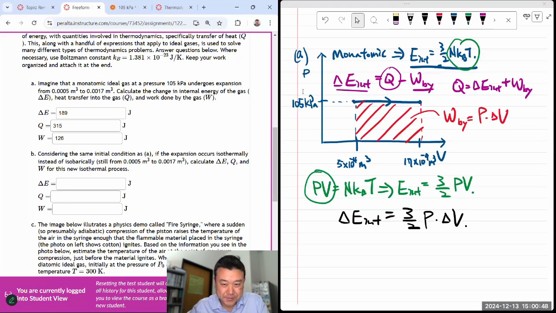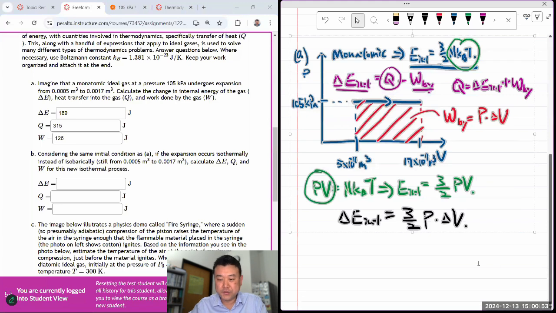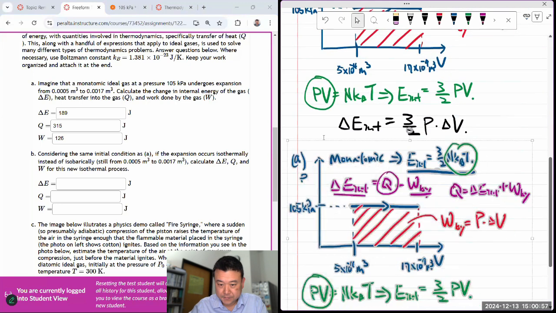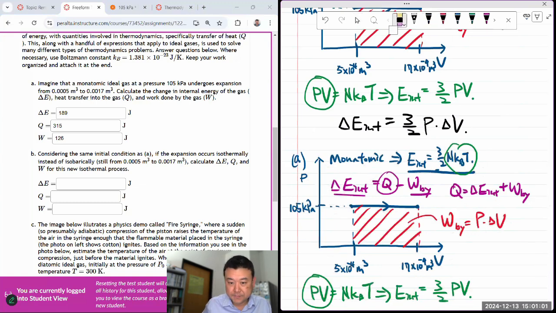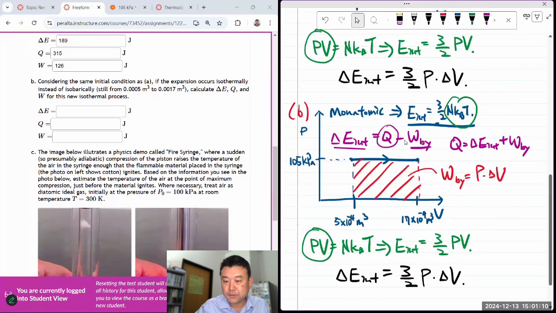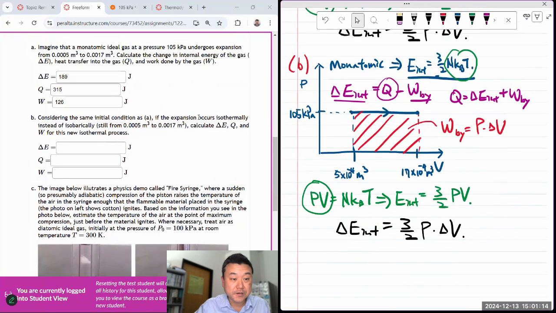Considering the same initial conditions as in A, so let's copy this over. And I can reuse some of the stuff. This time it's B. If the expansion occurs isothermally, I don't think I can use a lot of the stuff. So let's do isothermal expansion.